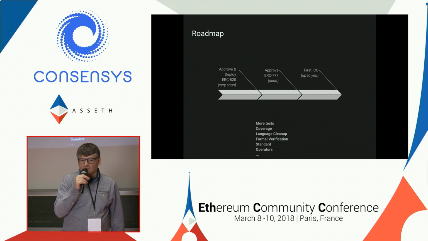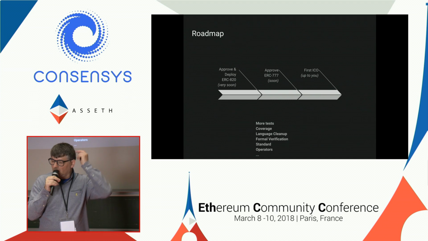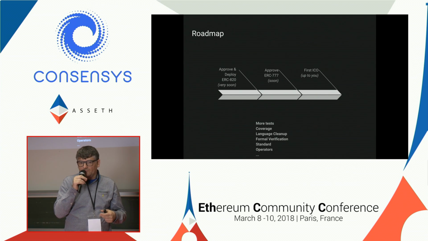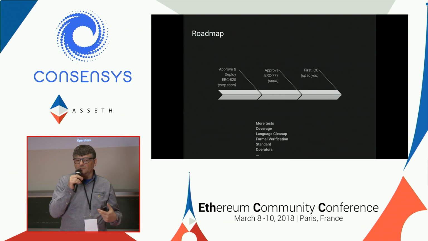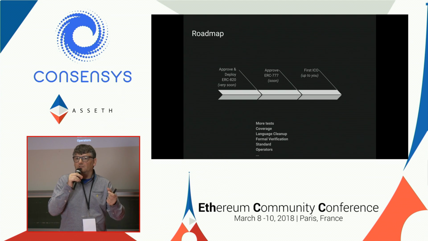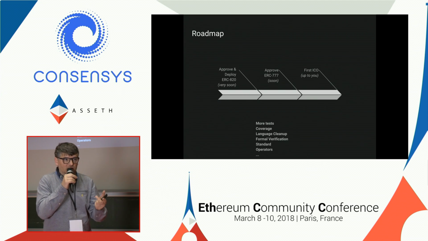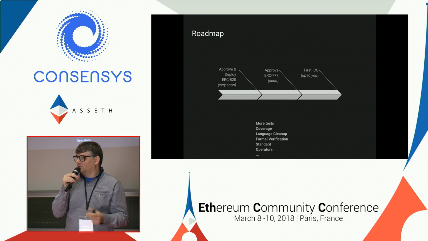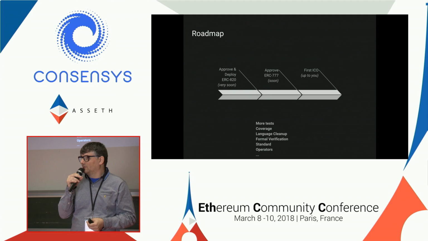As interesting things, for example, there is also formal verification. So any token that implements this standard can be checked to see if it fulfills this standard. This is already done for ERC20, and there are people working on that. The guy that did it for the ERC20 is going to do it also for the ERC 777.